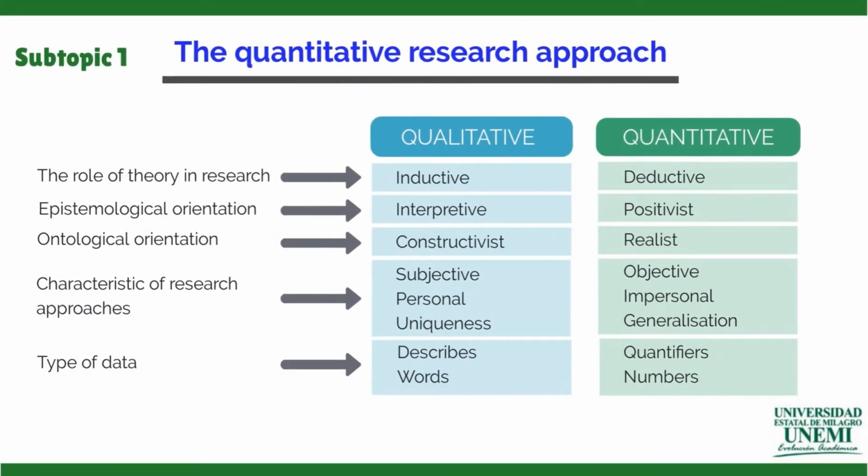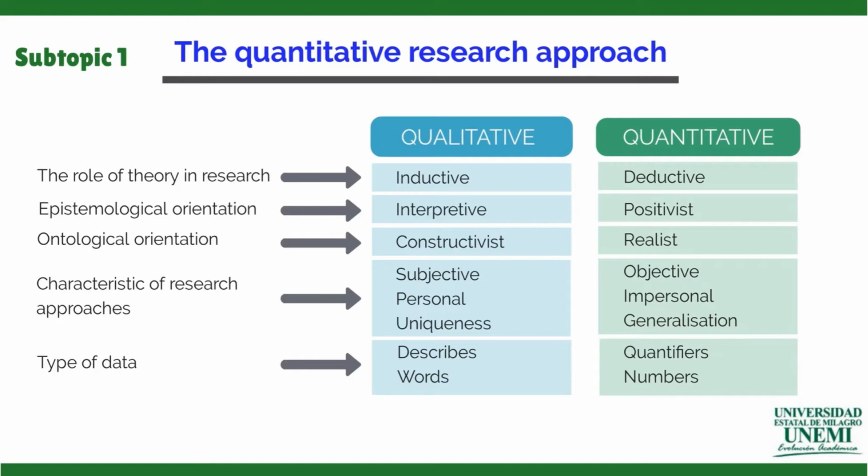Let's now have a look at the different research approaches used in research. As you can see in the table, there is a difference between qualitative and quantitative approaches. The role of theory in quantitative research is more deductive. The epistemological and ontological orientation is more positivist and realist.